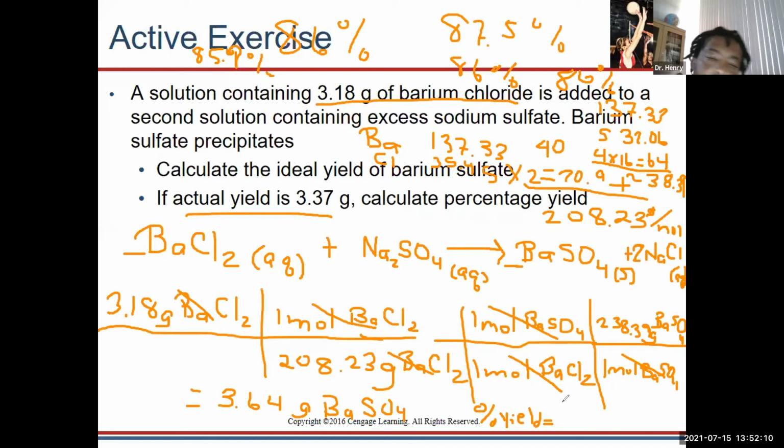What is percent yield again? It's actual over theoretical, or actual over ideal, times 100, right?